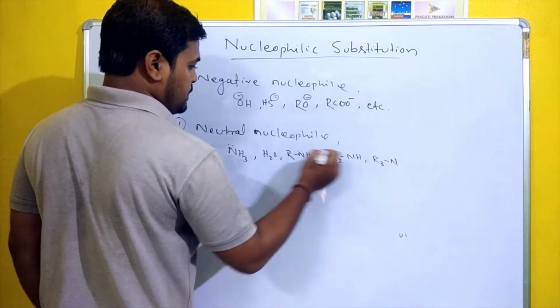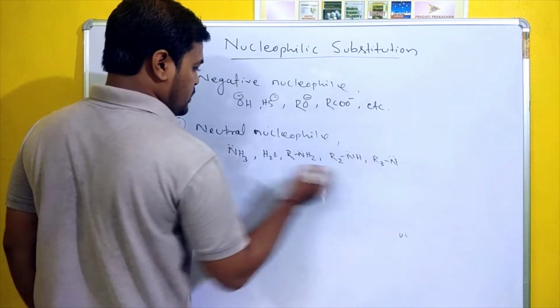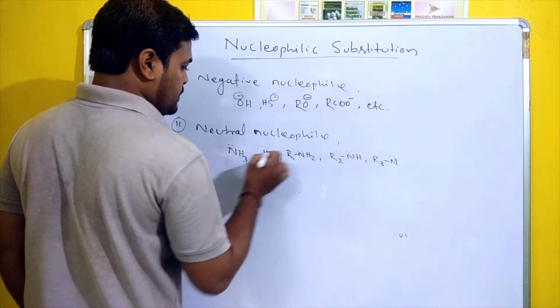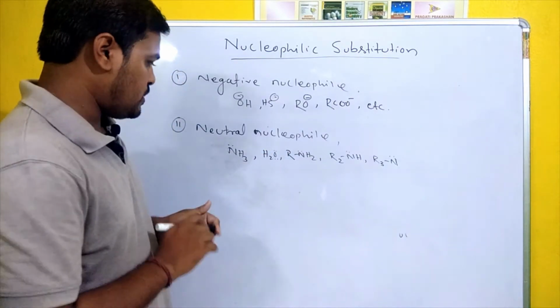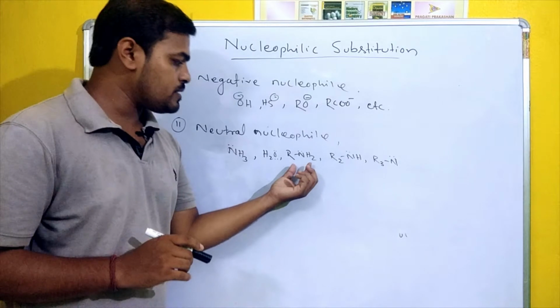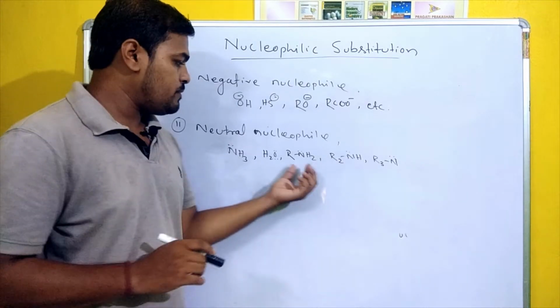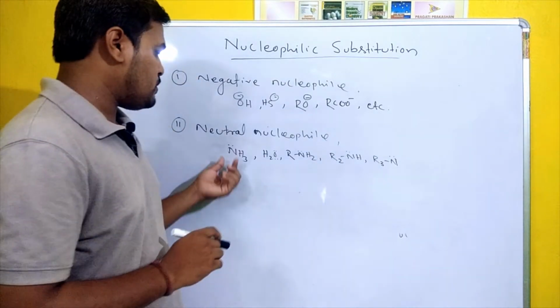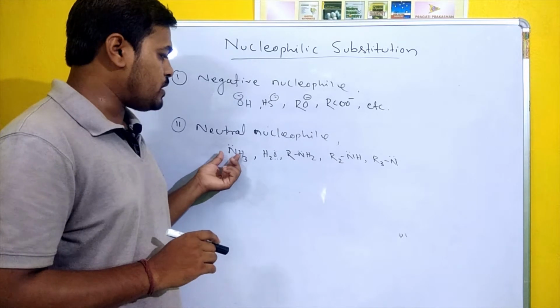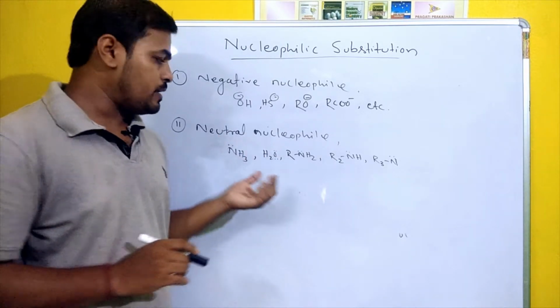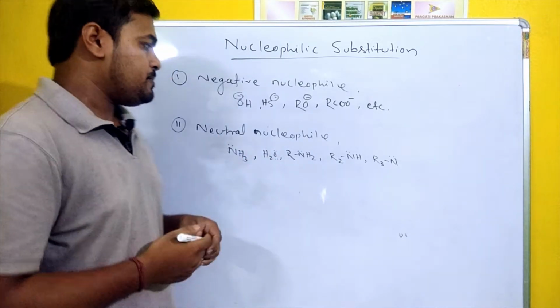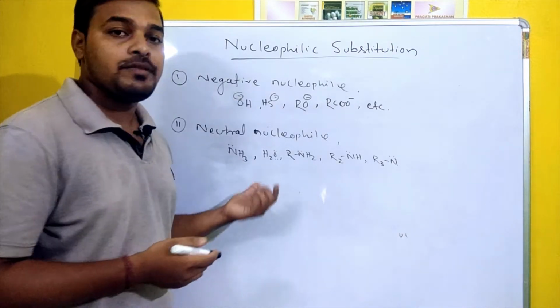These are basically the neutral nucleophiles. The lone pair is contained by nitrogen and oxygen in ammonia and in primary, secondary, and tertiary amines. The lone pair on the nitrogen can attack the carbon, so it acts as a nucleophile.